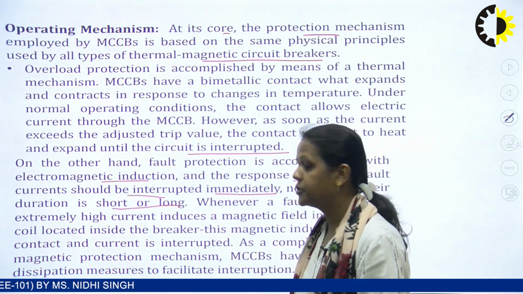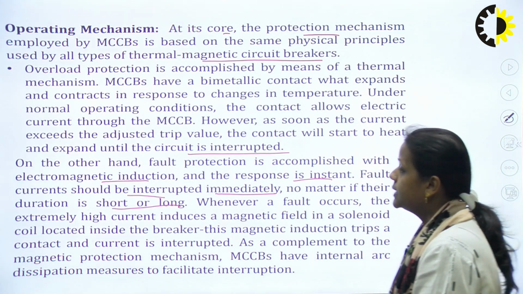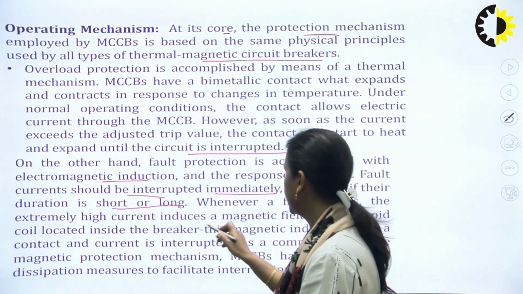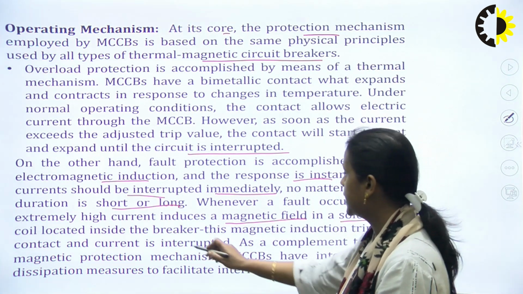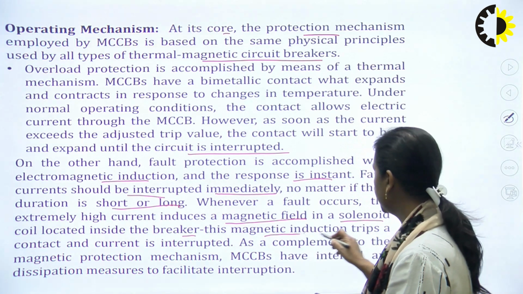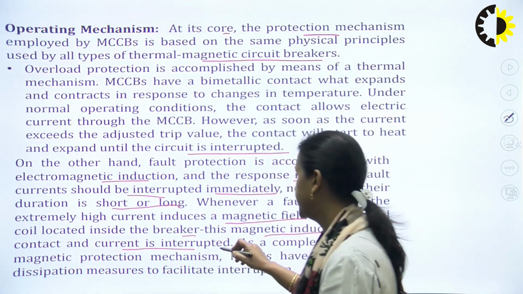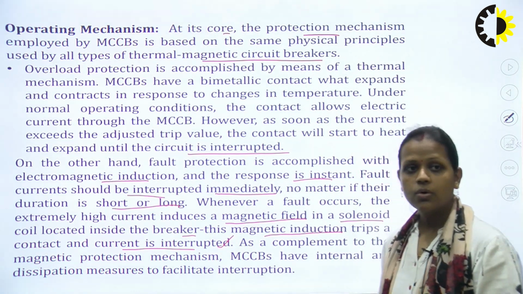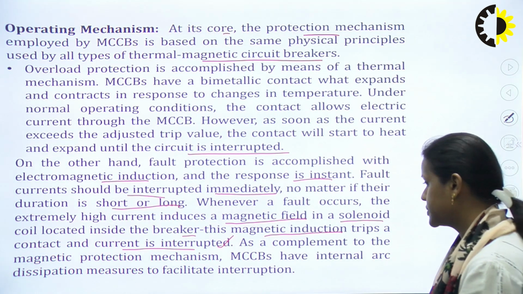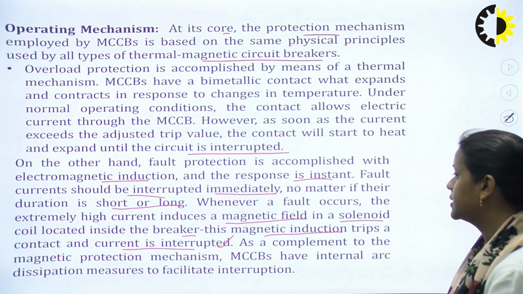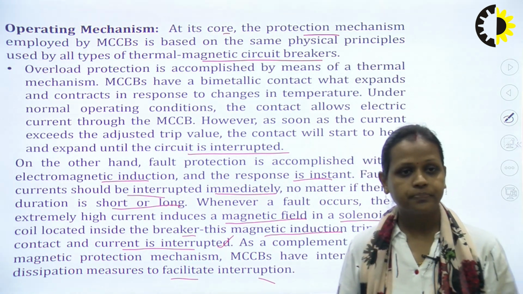So whenever a fault occurs, the extremely high current induces a magnetic field in a solenoid coil located inside the breaker, and this magnetic induction trips a contact and current is interrupted, right? As a complement to the magnetic protection mechanism, MCCB have internal arc dissipation measures to facilitate interruption.